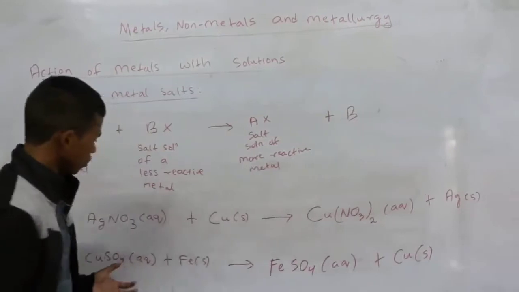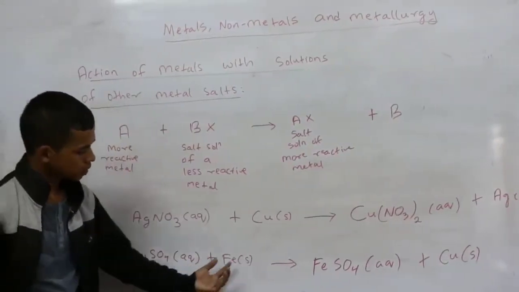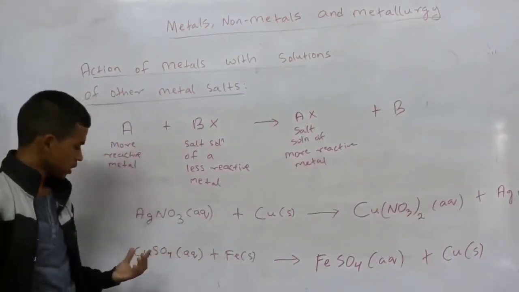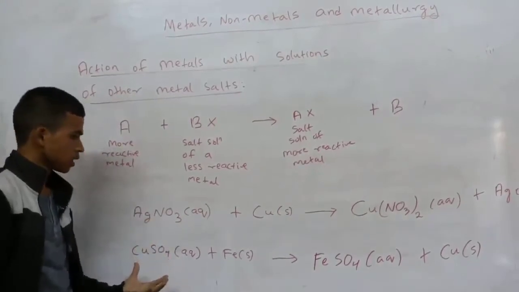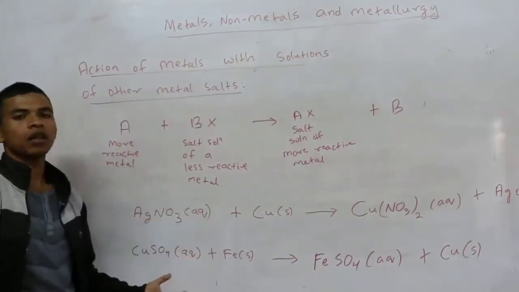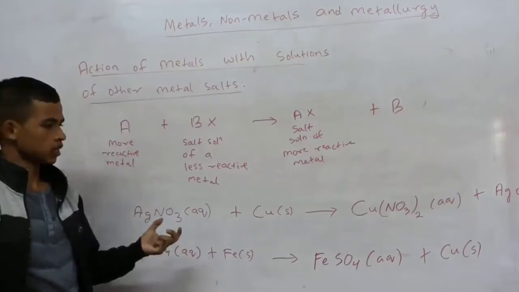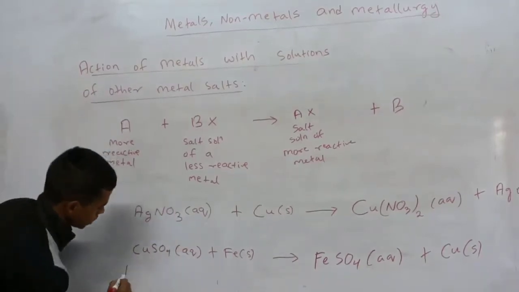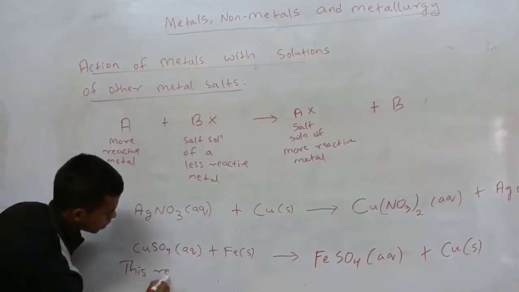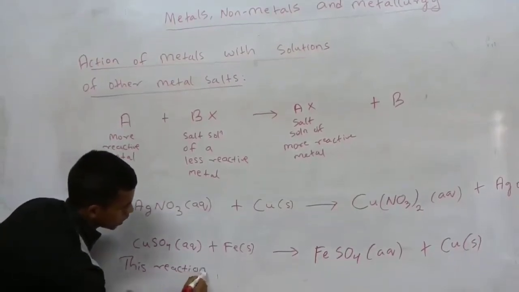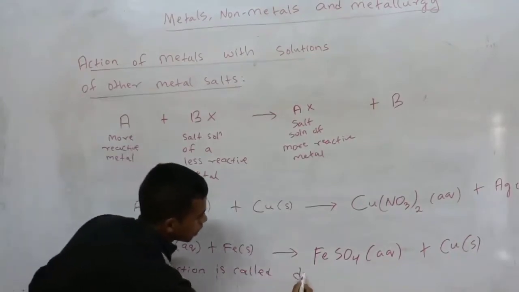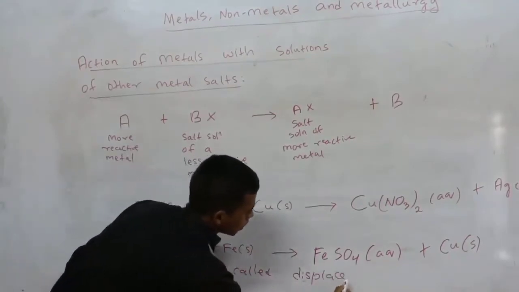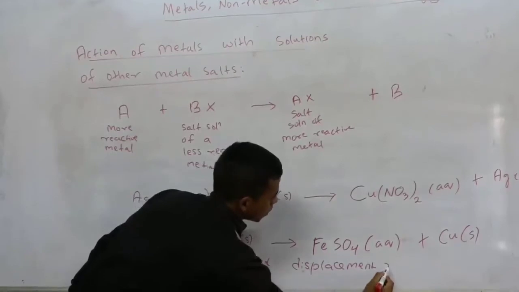So this type of reaction, where a more reactive metal displaces the less reactive metal from the salt solution of the less reactive metal, is called a displacement reaction. So let me write that down. This reaction is called displacement reaction.